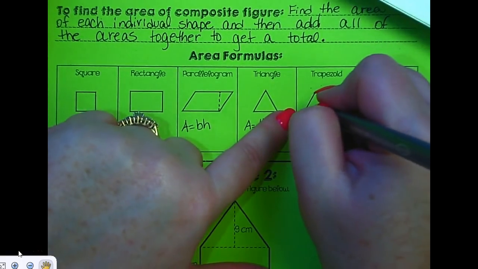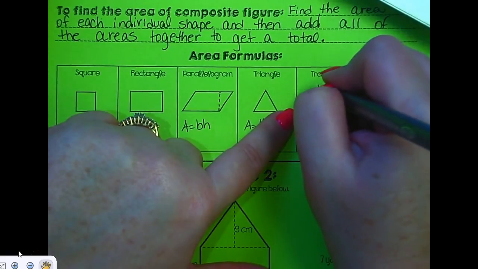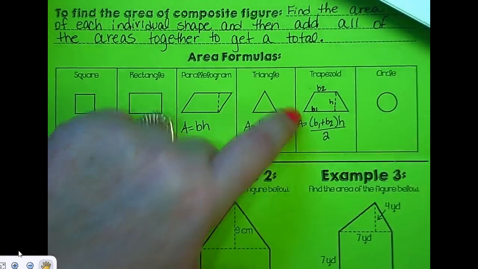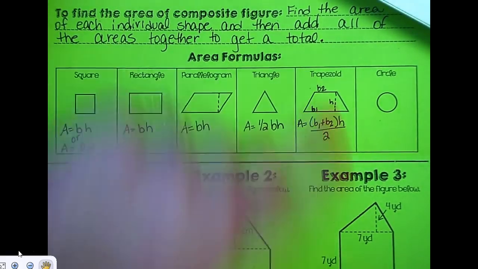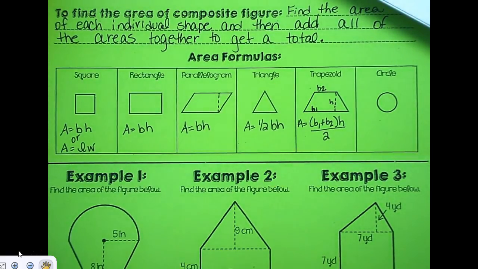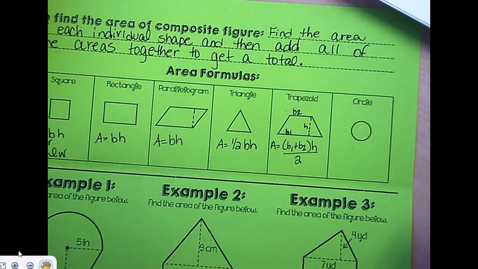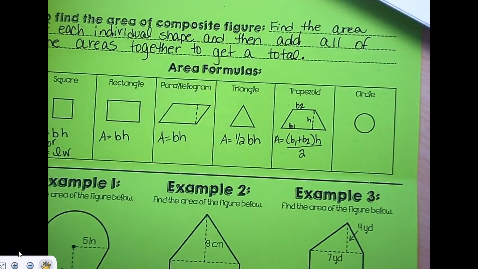So we would call the bottom base 1 and the top base 2. So you have to add base 1 and base 2 together. You have to multiply it by the height, and then you divide it by 2. Because remember, that was like putting 2 trapezoids together to make a rectangle.